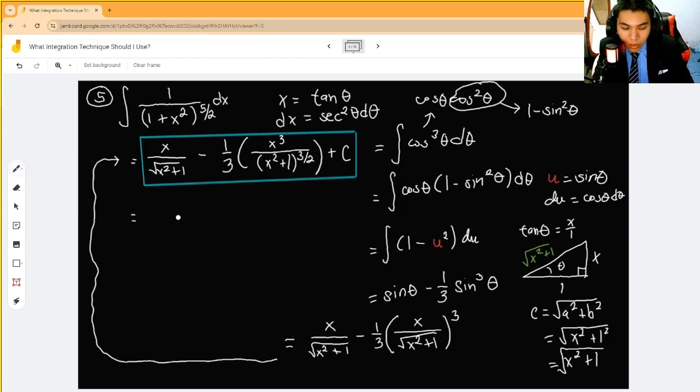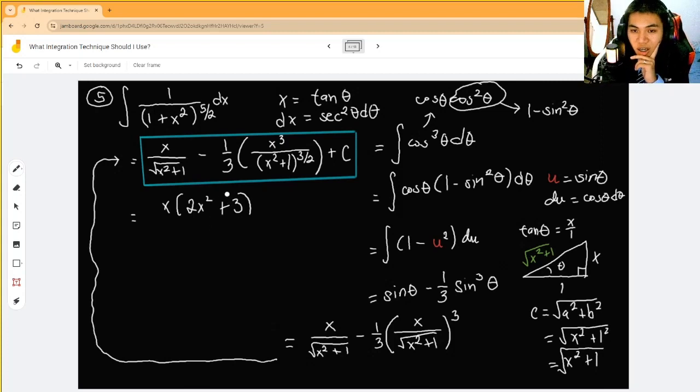Okay, so this is the same as x times 2x squared, let me explain that later on, plus 3. Okay, so when we have 3x over 3, that's x here, and we have 2x cubed over 3, we have 2/3, is that right? 2x squared plus 3.